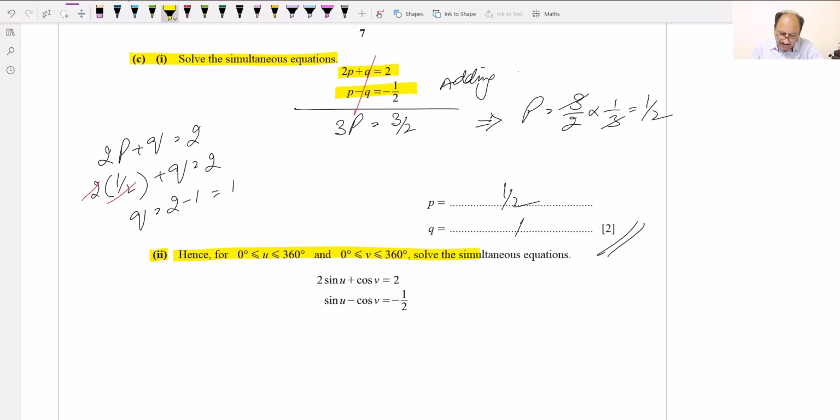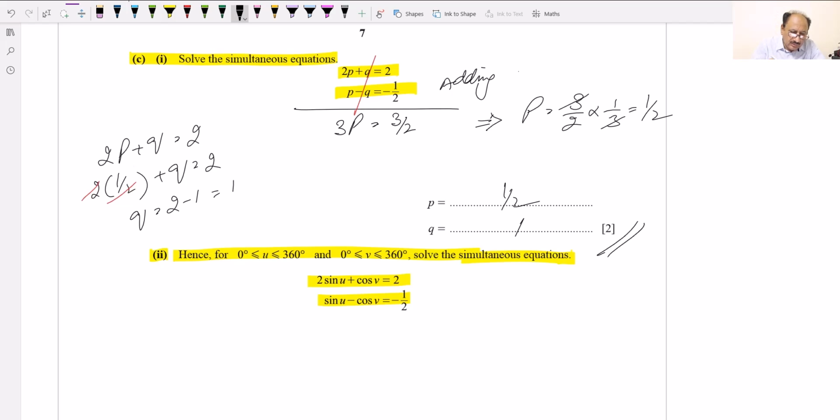Now hence this one, for this range, u is from 0 to 360, and v is also from 0 to 360. Solve the simultaneous equation, and these are the equations provided. So from here we know that p is sine u, and q is equal to cos v.